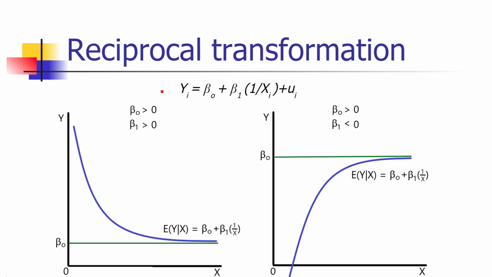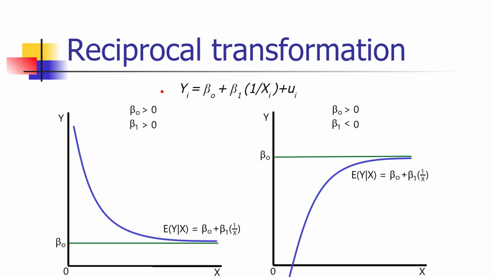However, as x tends towards positive infinity, 1 over x becomes arbitrarily small, and the value of that term will approach 0. So when we use a reciprocal relationship, if beta 1 is positive, we have a relationship which in the limit is infinite as x approaches 0, and it will decline as x increases. And in particular, it will asymptotically approach 0 as x approaches positive infinity.